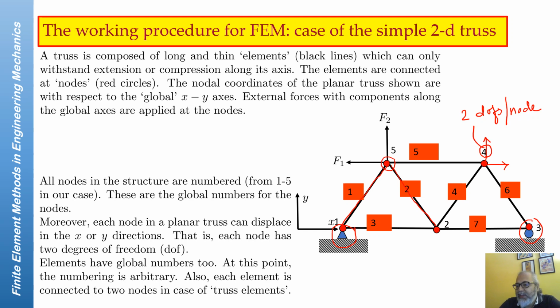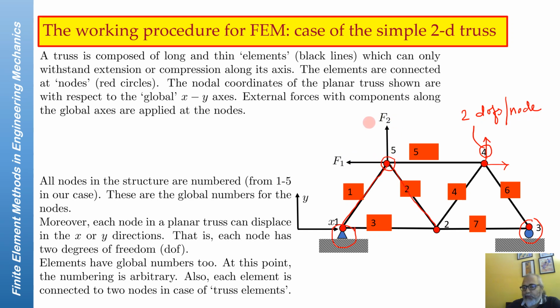All the nodes have the same number of degrees of freedom, but we can also have problems where some nodes have larger number of degrees of freedom than others. But for the time being, we will consider problems where all nodes in the mesh have exactly the same number of degrees of freedom. In this case, there are 2 degrees of freedom per node.